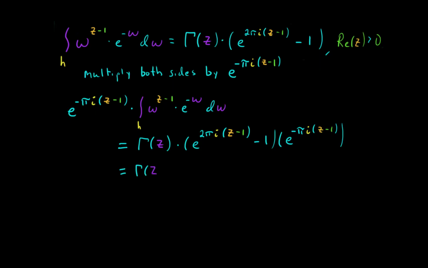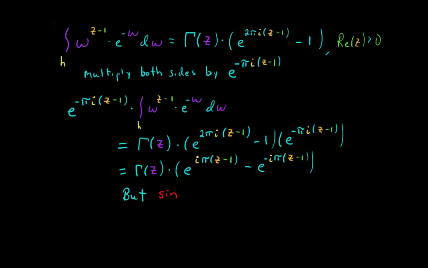And so the right side of this equation will equal gamma of z times, now multiplying through, e to the pi times i times z minus 1 minus e to the negative pi times i times z minus 1, close parenthesis. And now I just want to switch the order of i and pi in the exponent there for cosmetic reasons more than anything else.